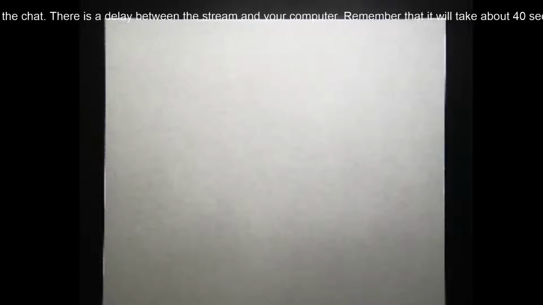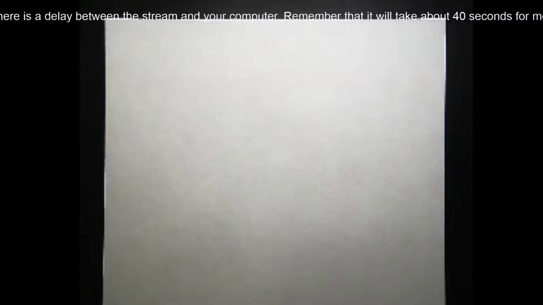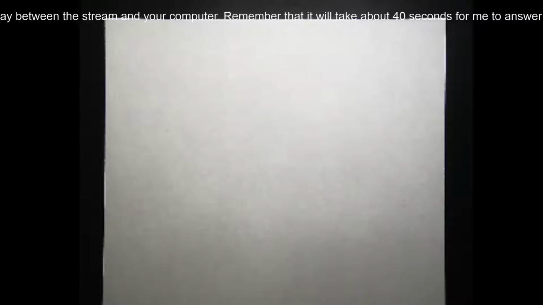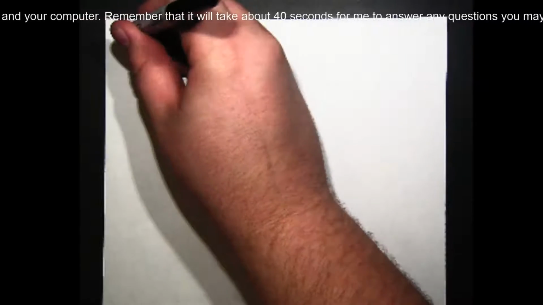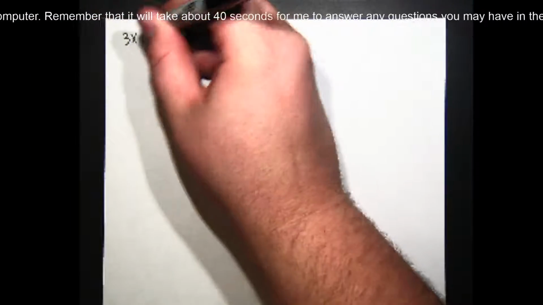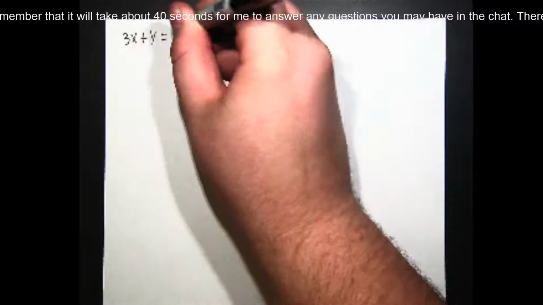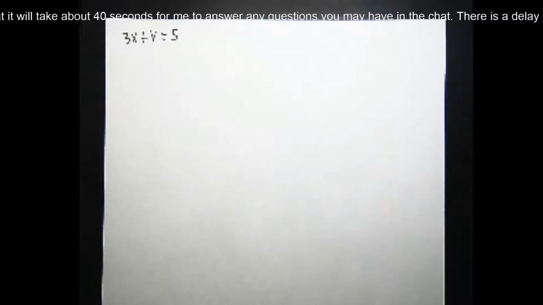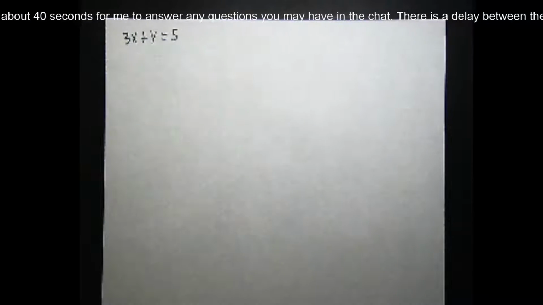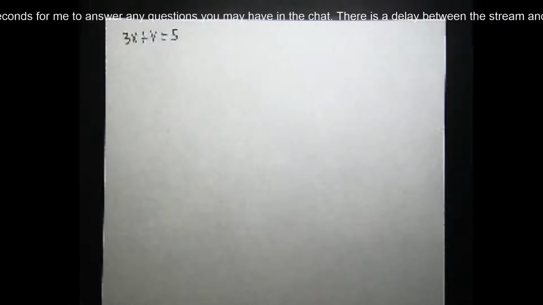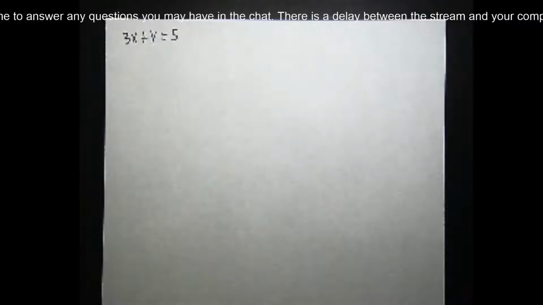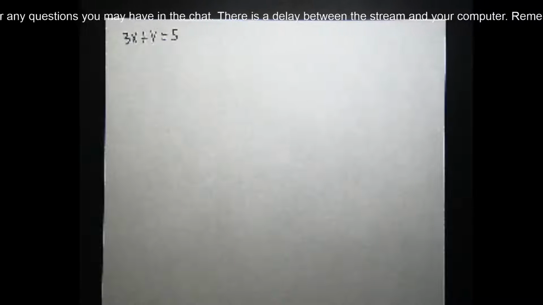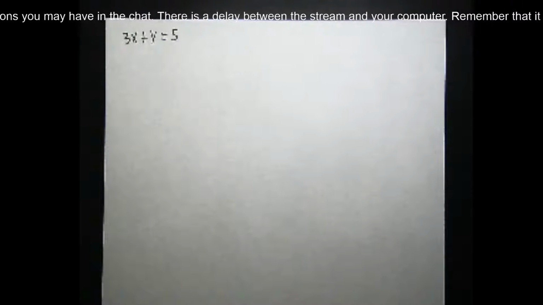So last time we started in on functions. And one of the things that we said was that if we have an equation like this, 3x plus y equals 5, that we can identify this as a linear equation because the x and the y, both of our variables, have a power of 1.